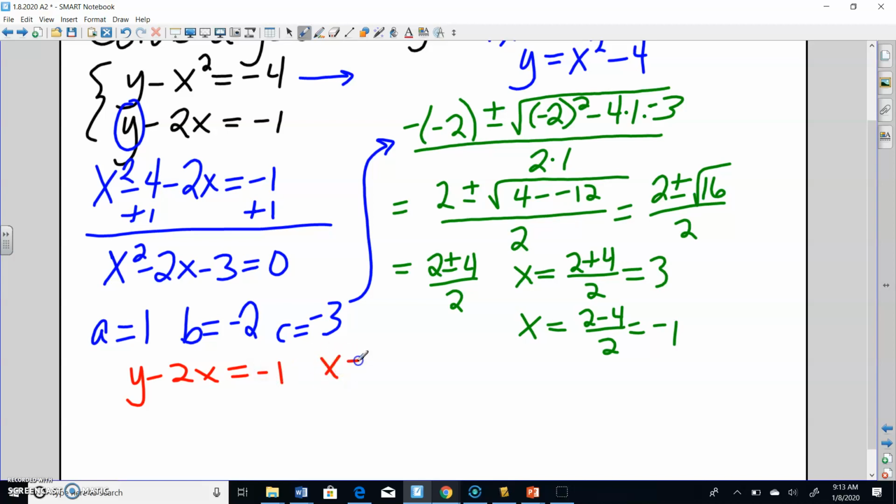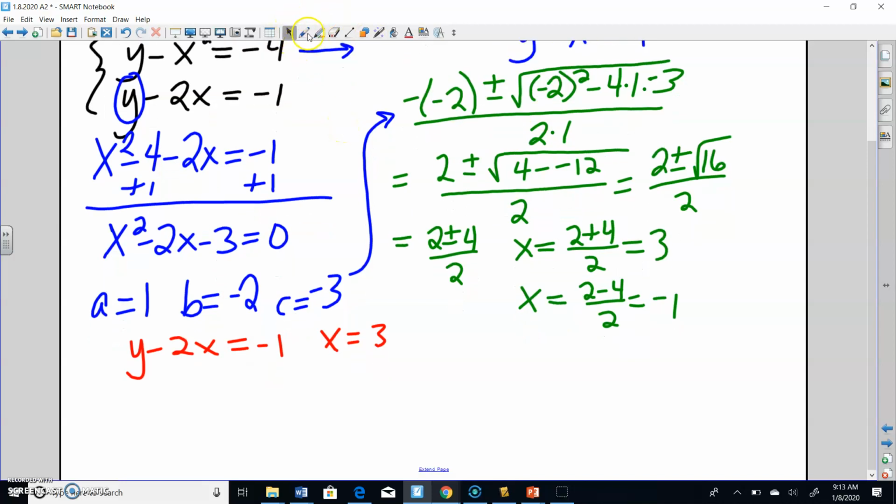So I'm going to let x equal 3 and plug that in, because 3 is one of my x values. And then I'm going to do y minus 2x equals a negative 1 and let x equal negative 1, because that's another x value.